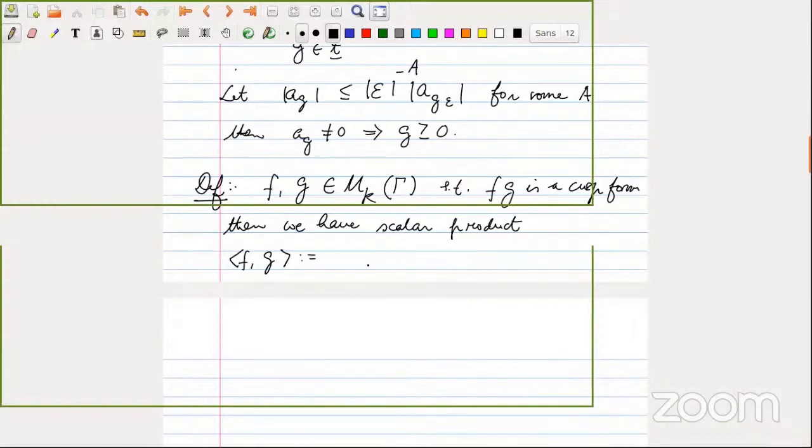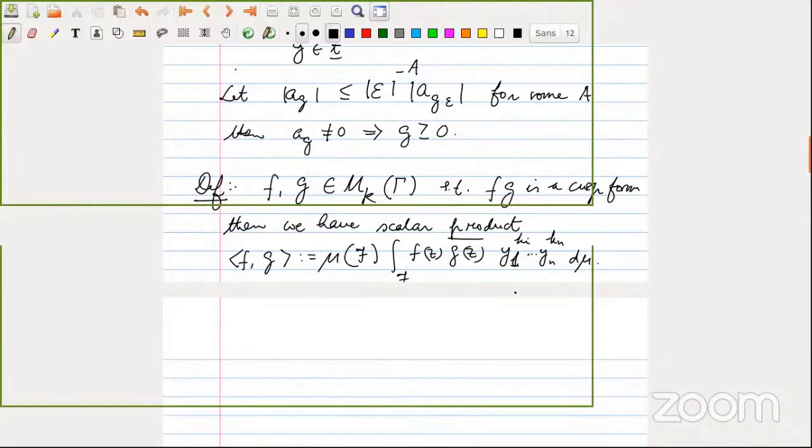So even though for our purpose it is sufficient, usually it is this one. The measure of the fundamental domain has to be here, and that is the integral over F of f(z) times g(z) bar, times y_1^k_1 up to y_n^k_n, and then d mu.